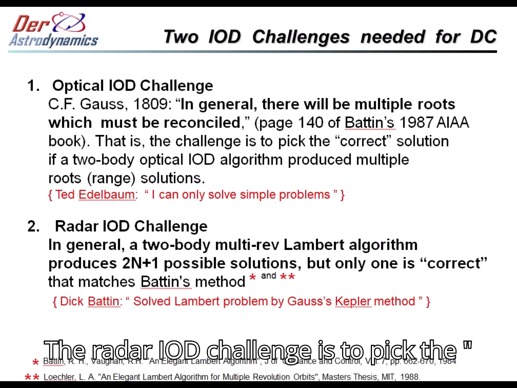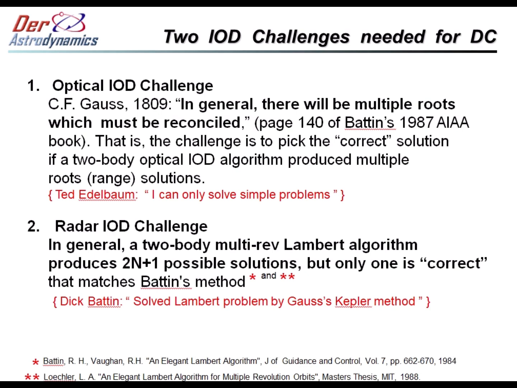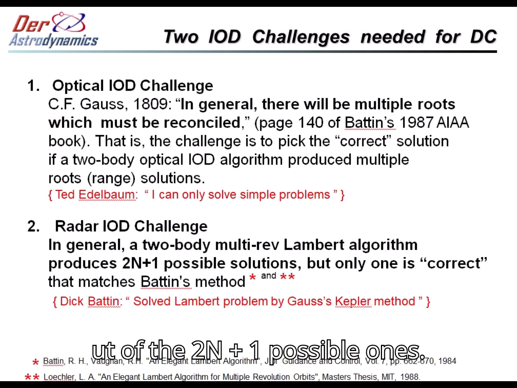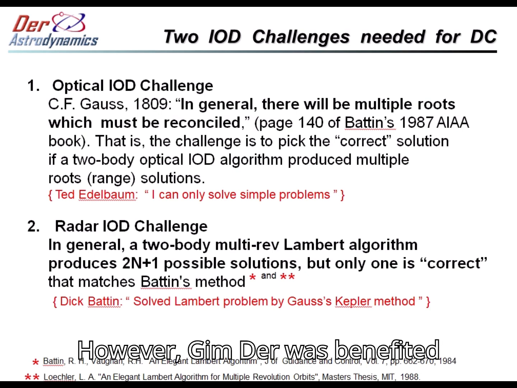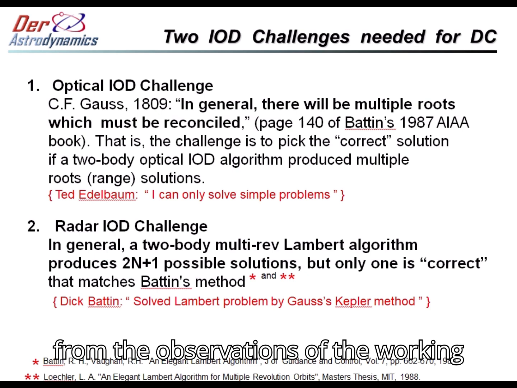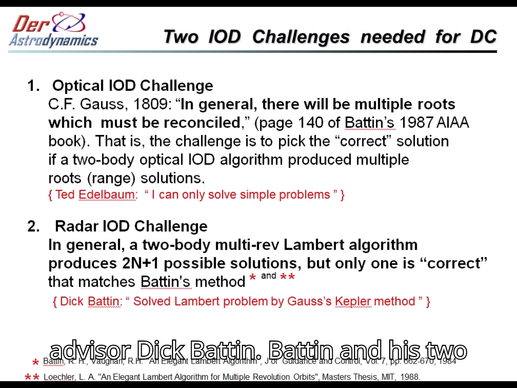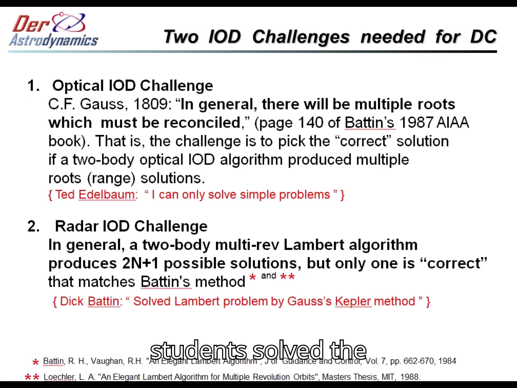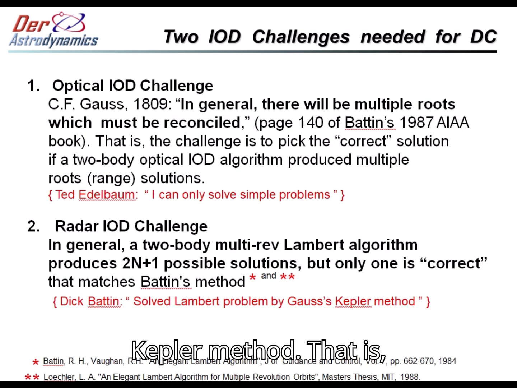The radar IOD challenge is to pick the correct two-body Lambert solution out of the 2N plus 1 possible ones. However, Jim Durr benefited from the observations of the working habit of his second PhD thesis advisor, Dick Battin. Battin and his 2 students solved the multi-rev Lambert problem via Gauss' Kepler method.